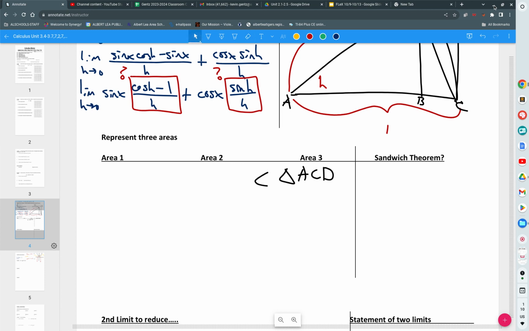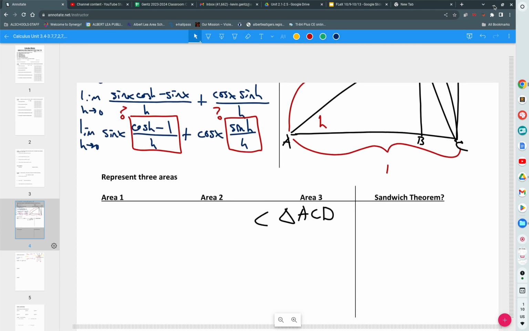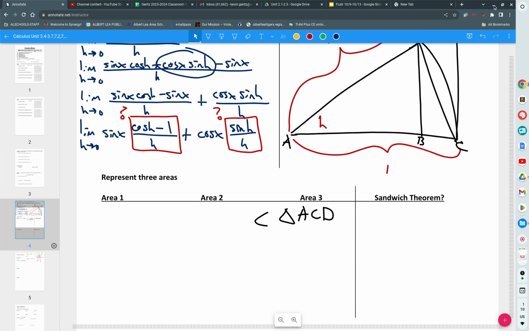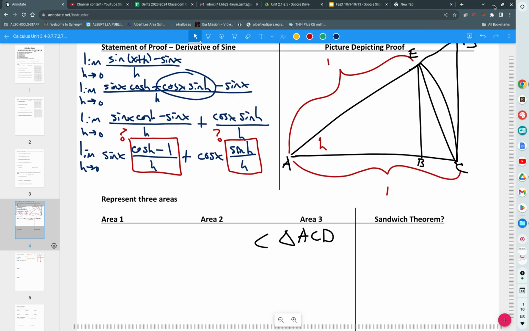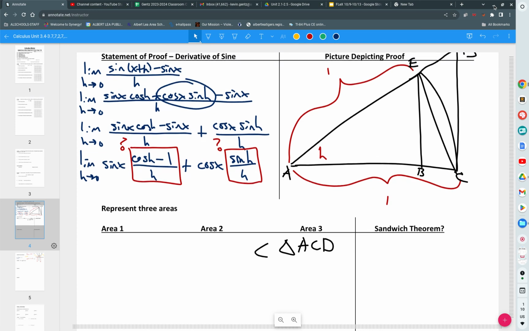There are lots of other shapes that we could refer to, but I want to refer to another shape, triangle ACE. Everybody see ACE right here? We're going to say that that's the smallest triangle, or smallest area.